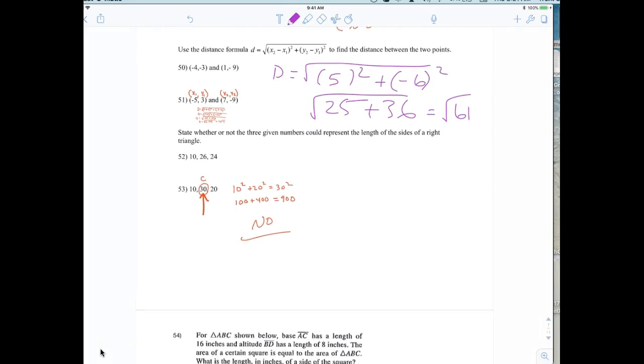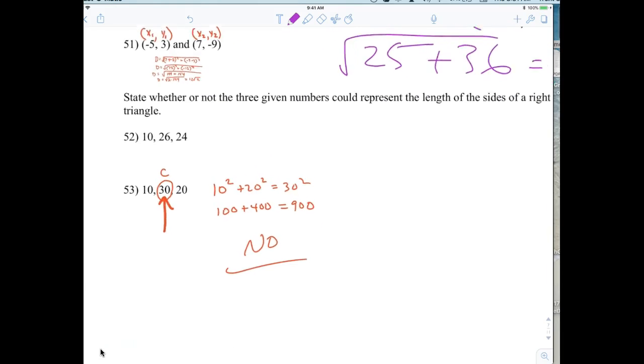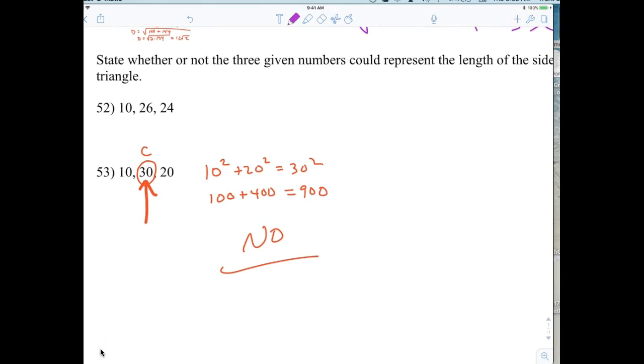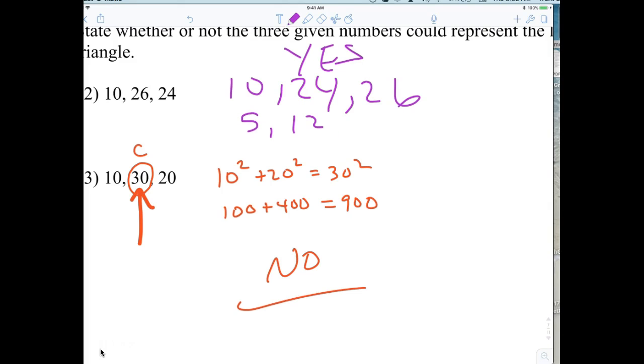Now state whether or not the given numbers could represent the lengths of a triangle. If you're looking at this right off the bat, which one of those is the hypotenuse? 26. The numbers are 10, 24, and 26. You should look at that and say, obviously, yes, because we know that 5, 12, 13 is a Pythagorean triple. And if I multiply those by 2, I get 10, 24, 26.